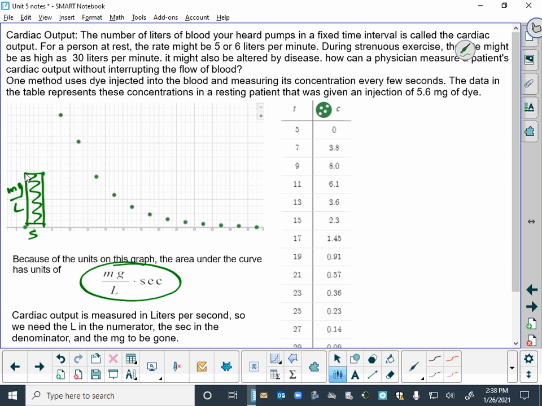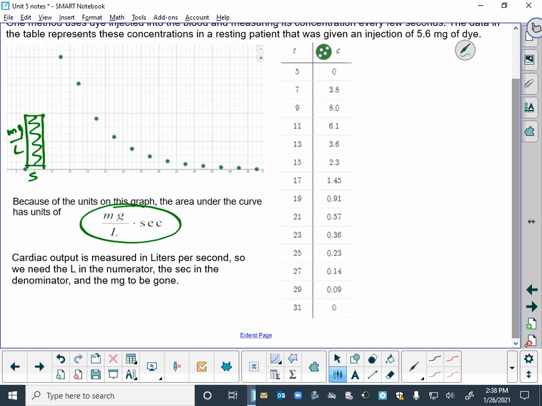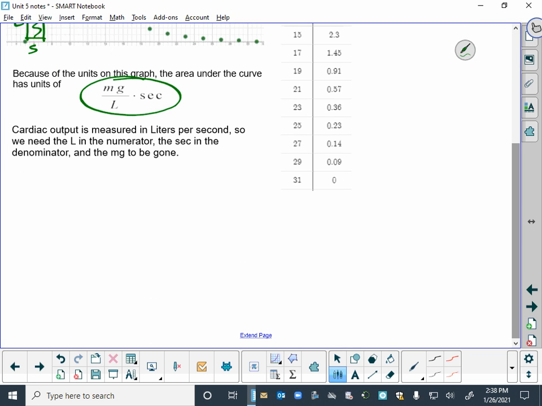Now our cardiac output, what we want to know is how many liters per second. So we have some of the right units that are in there. We just need to manipulate those in the correct way.